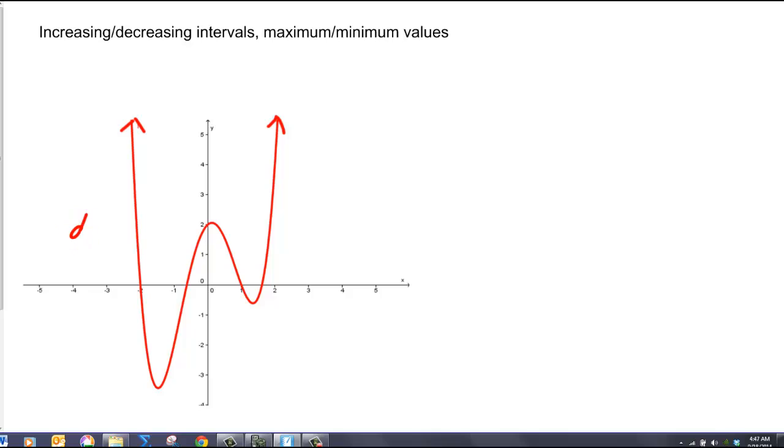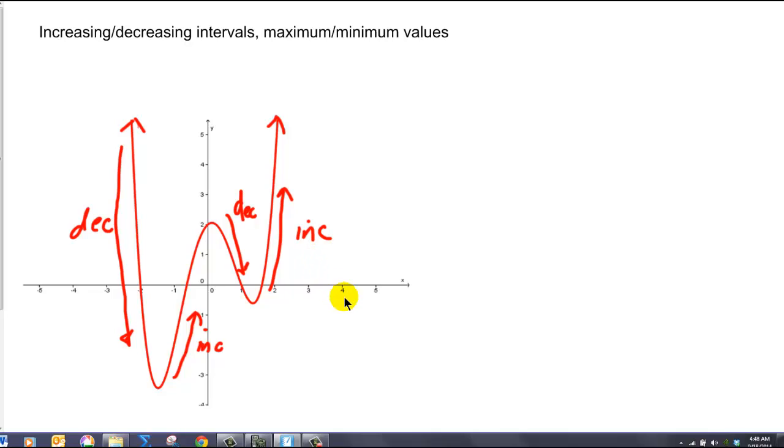So at this point, it decreases over this amount of time. And then it goes back up, increases here. Once again, goes down, decreases here, and finally finishes by increasing here.